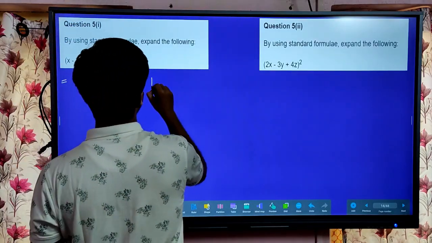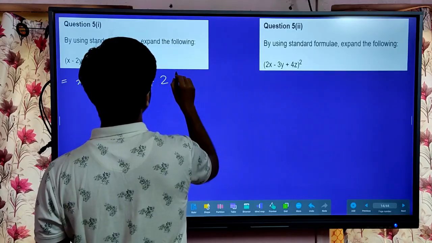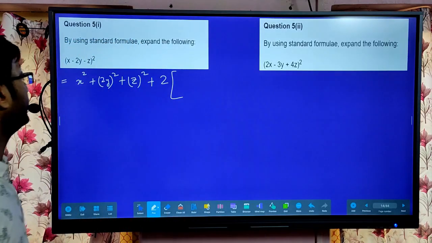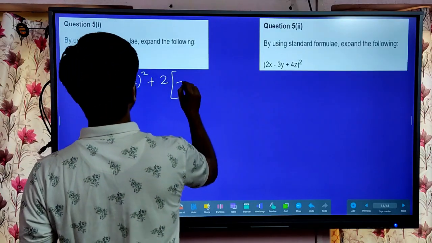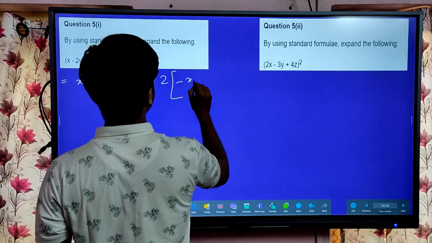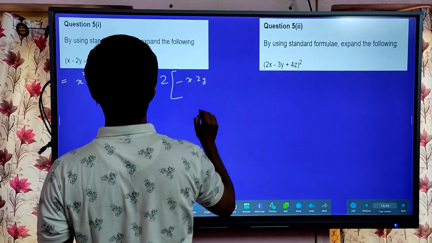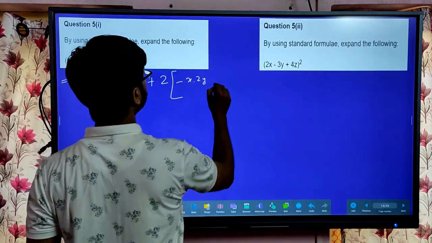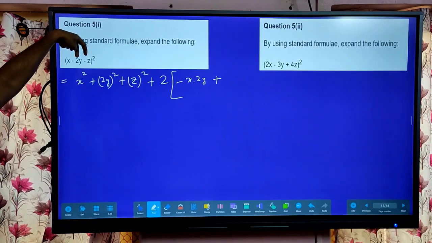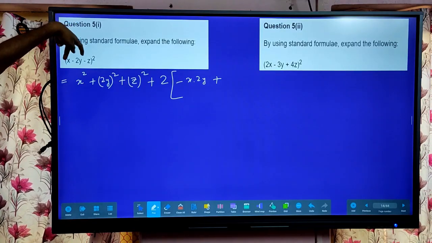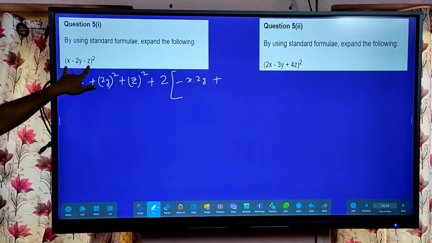So it will be plus 2. This portion will be the same. This will be ab, x into minus 2y. So it will be minus x into 2y. Then 2y into z, minus minus, it will be plus. This is ab, bc, then ca.